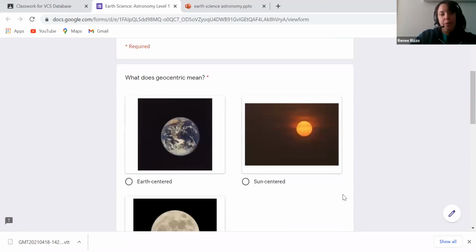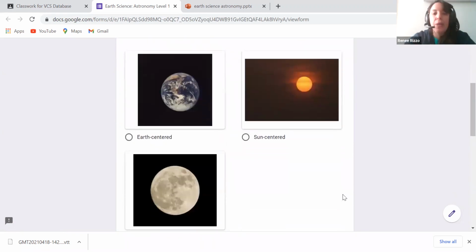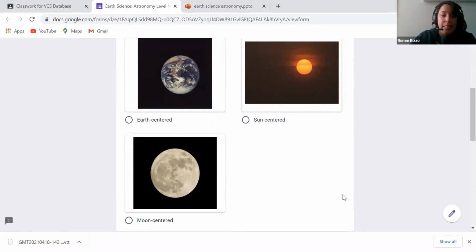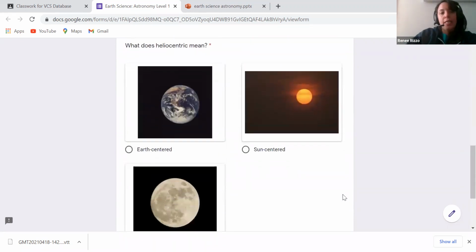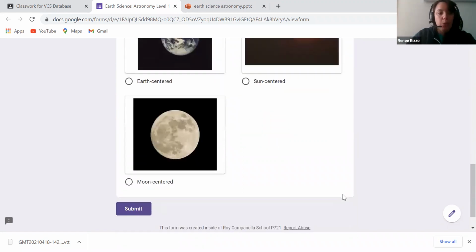So what does geocentric mean? And we have the picture answer choices again. Earth-centered, sun-centered, or moon-centered. What does heliocentric mean? Earth-centered, sun-centered, or moon-centered?